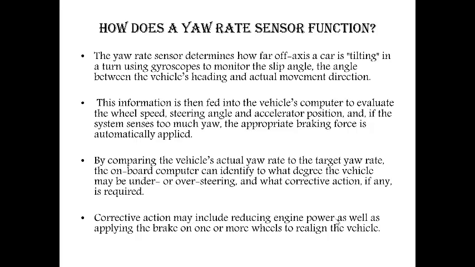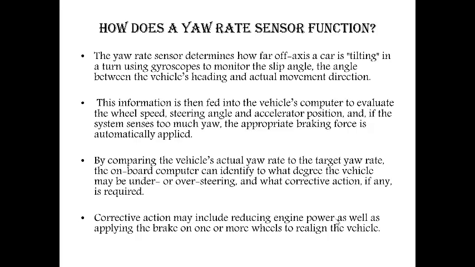This information is then fed into the vehicle's computer, which is normally a microcontroller, that can be anything. It is fed to the computer to evaluate the vehicle's speed, the wheel speed, the steering angle, and the accelerator position. And if the system senses too much yaw, the appropriate braking force is applied. What does this mean? If the vehicle is taking a turn and has turned too much, suppose the car is about to lose its balance, it will be taking a lot of turn.